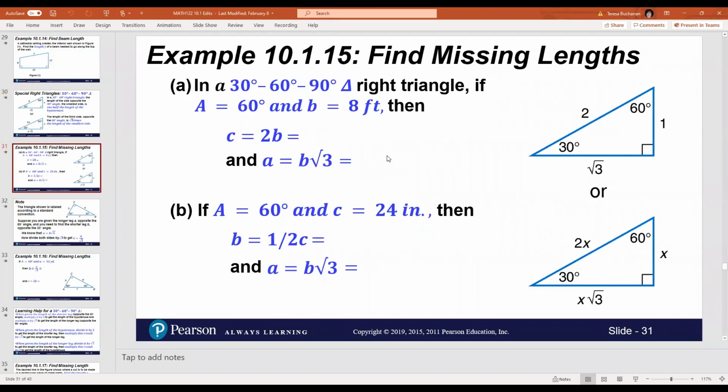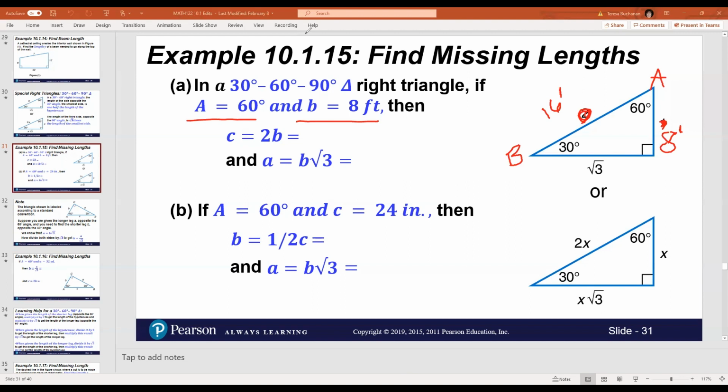In various trig kind of thinking about some things. So here are a couple more examples. The first one says that if A is the 60-degree angle, and that makes this a B. So if this length over here is 8 feet, then the hypotenuse is 2 times B. This would be 16 feet.